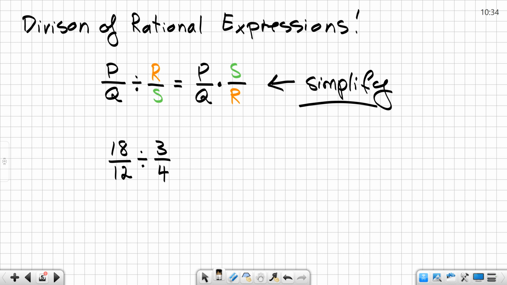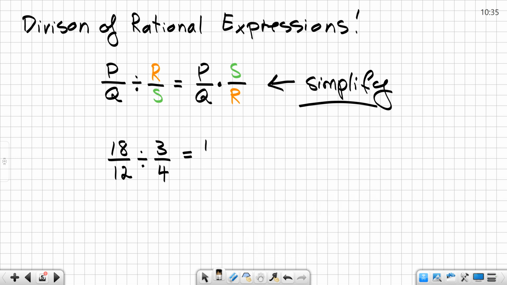Let's do an example right here with numbers. All right, so 18 over 12 divided by 3 over 4. Remember, this is also nothing else really but division. So this dash right here, this fraction, and this division sign really is the same thing. We will see this later.